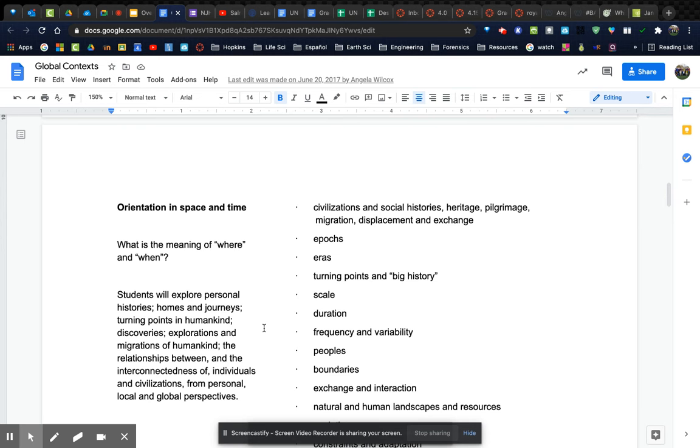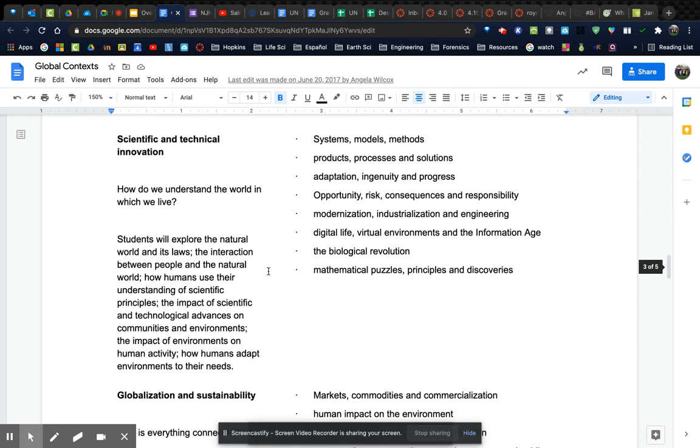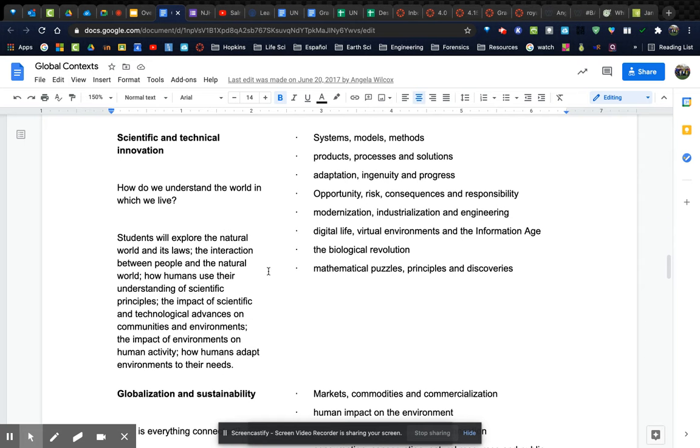Orientation in space and time doesn't either. Personal and cultural expression might. We were thinking, though, probably scientific and technical innovation, especially since it has innovation right in the title there, it might work well with the whole scope of the project.